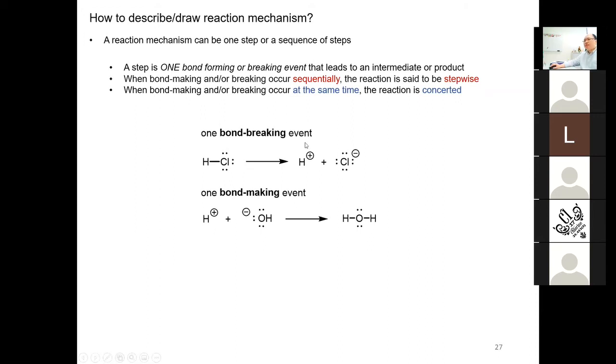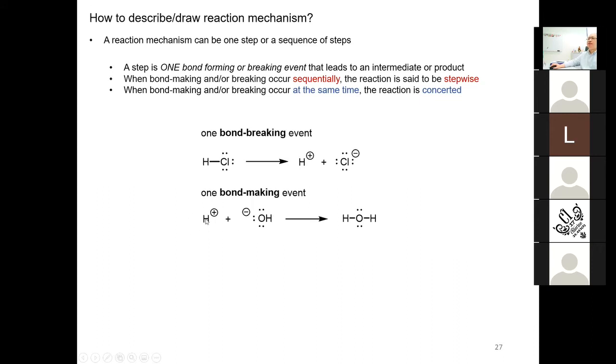One bond breaking event: you should know this reaction. Hydrochloric acid dissociation. Which bond breaks? This hydrogen-Cl bond breaks and becomes a proton and a chloride anion. This is one bond breaking event. How about bond making?